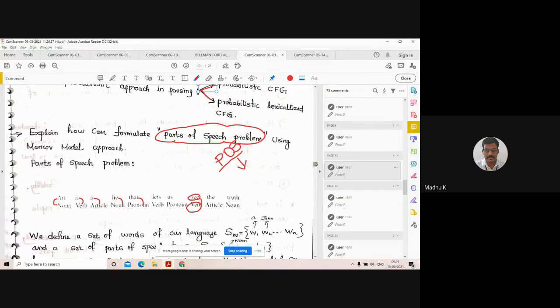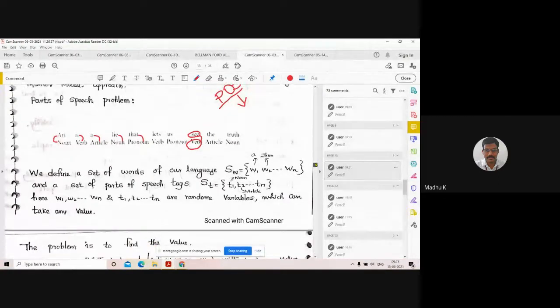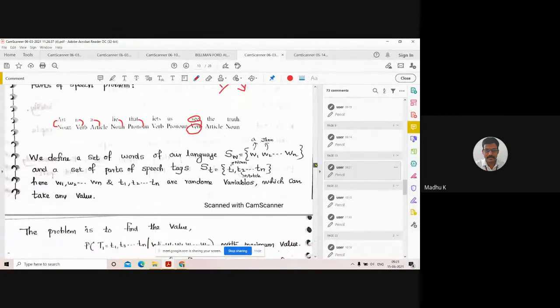We can handle this part of speech problem using which approach? The Markov model approach. For that, we define a set of words in our language, SW, which contains variables W1, W2, up to Wn. ST contains different tags T1, T2, up to Tn.